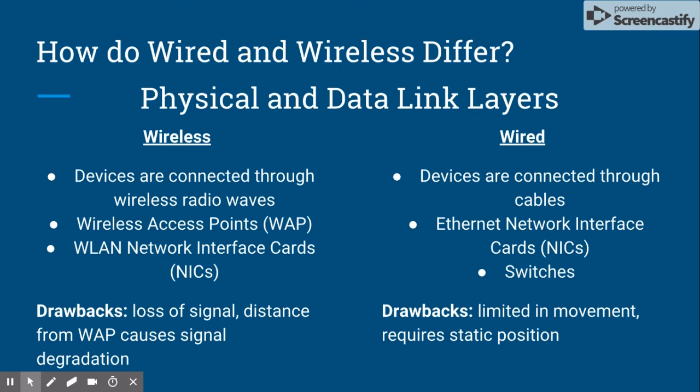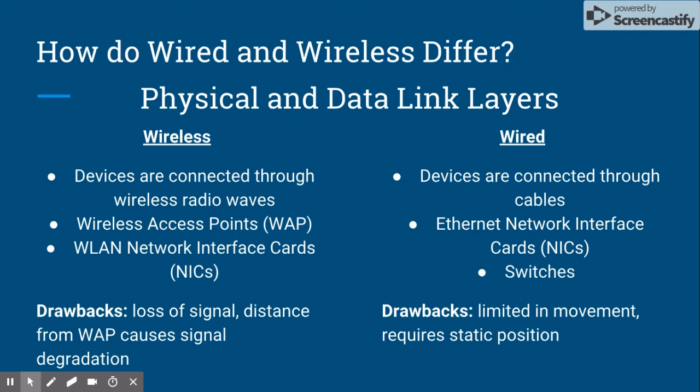So now that we've looked at wireless data networks and wired data networks, let's take a look at how they differ. They differ mostly on the physical and data link layers. If we take a look under wireless, we see that devices are connected through wireless radio waves.